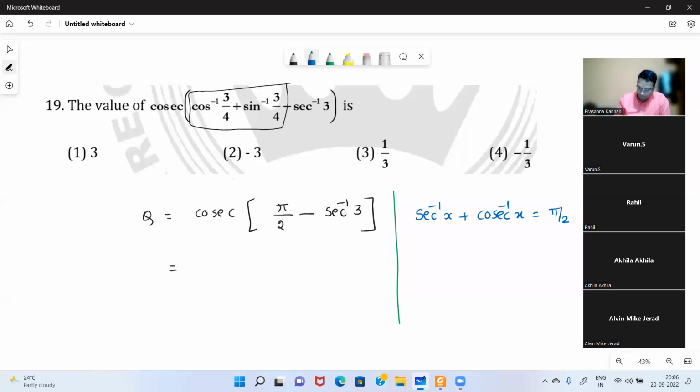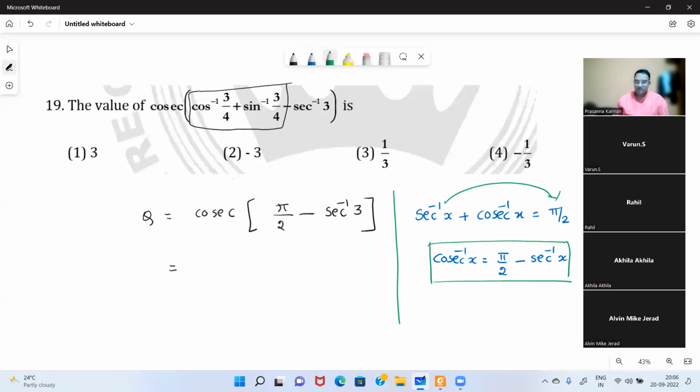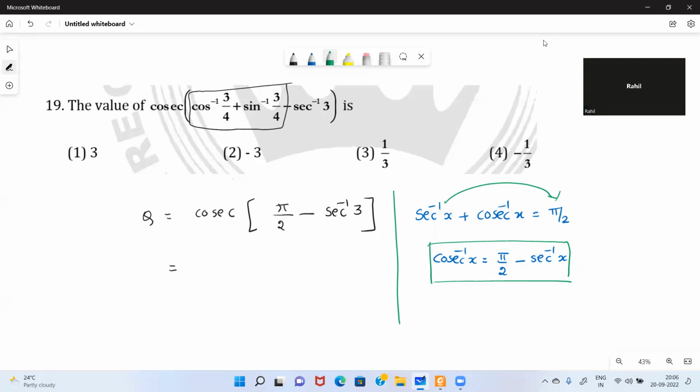So if I keep cosecant inverse x on one side and take the other to the other side, what will I get? Pi by 2 minus secant inverse x. In other words, pi by 2 minus secant inverse x can be written as cosecant inverse x. Do you agree? Yes, sir.